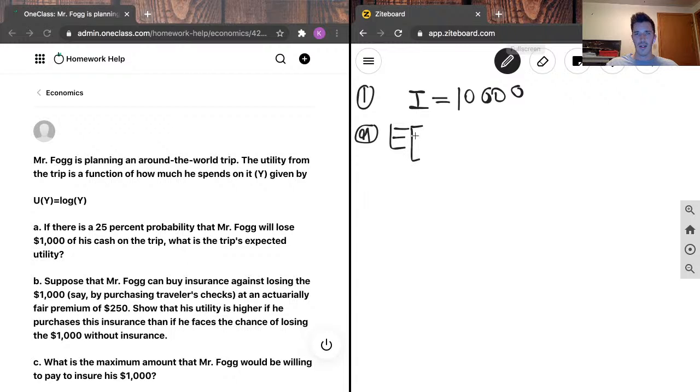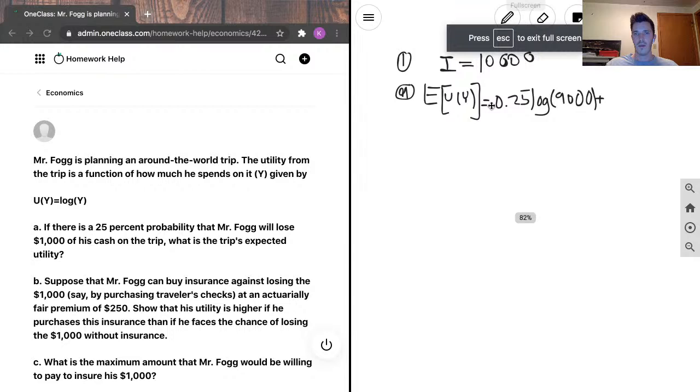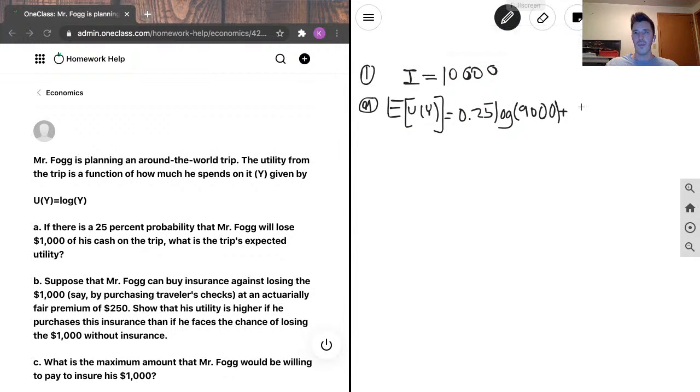So the expected utility of Y is going to be the 25% chance that he takes a vacation while losing the money, so 10,000 minus 1,000 is $9,000, plus a 75% chance that he doesn't lose any money and he gets his full income for the trip, which is $10,000.